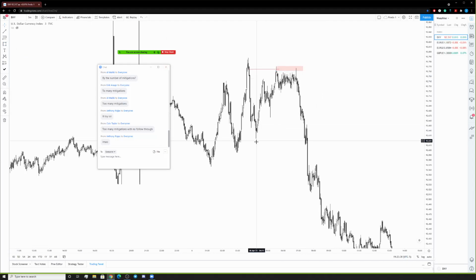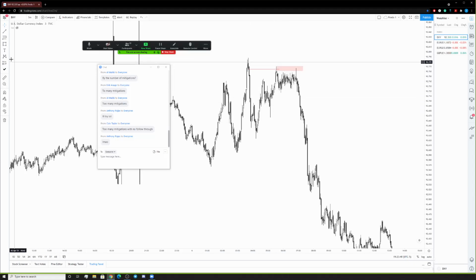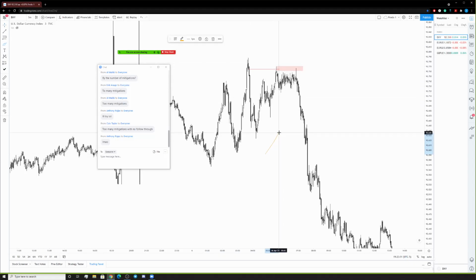So you're telling me it took 1, 2, 3, 4, 5 mitigations total to reach this high in price, whereas in order for it to give you that bullish push, it then took 1, 2 mitigations to generate the opposite move. So this is strong order flow, this is weak order flow. Does that make sense?